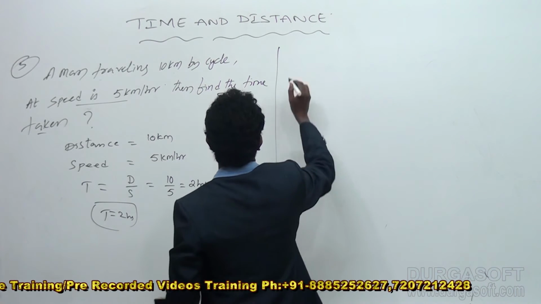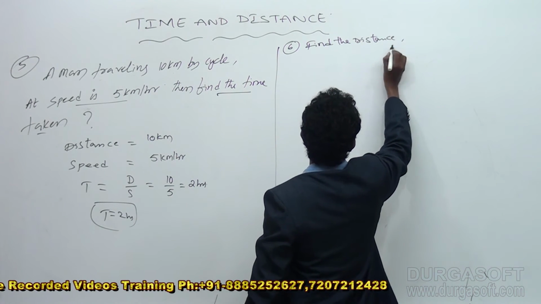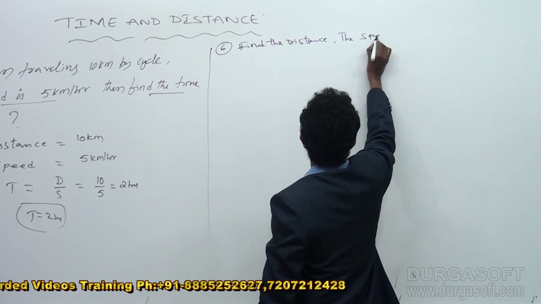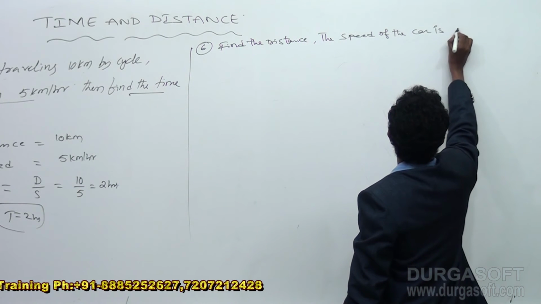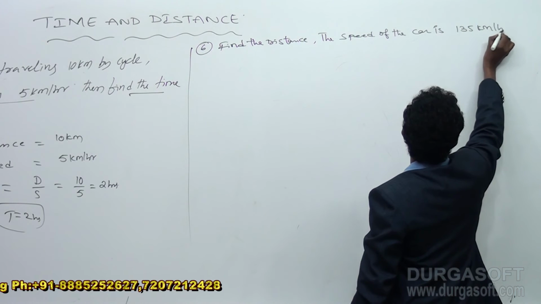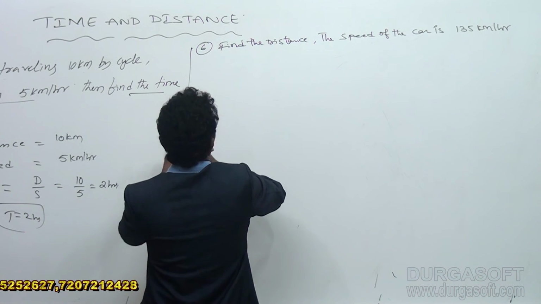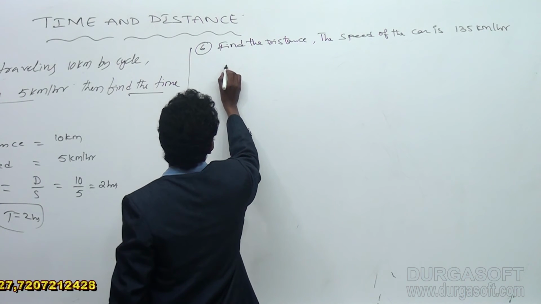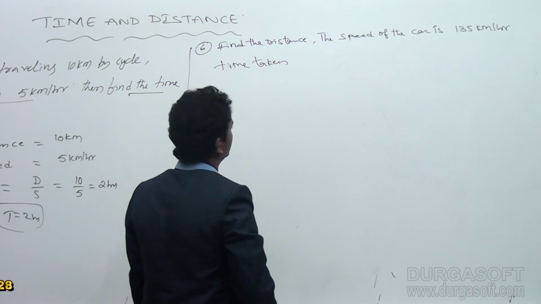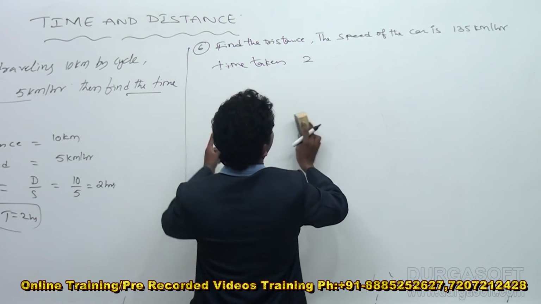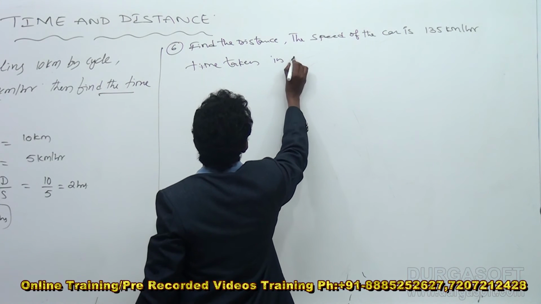Next problem. Find the distance. The speed of the car is 135 kilometer per hour, time taken is 2 hours.